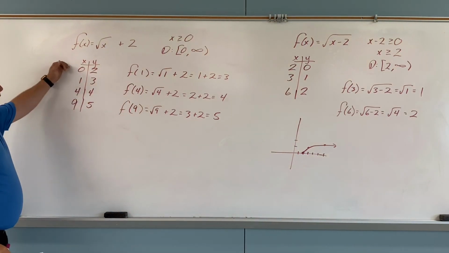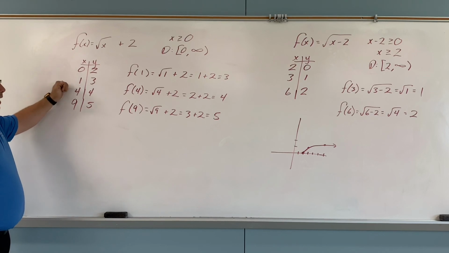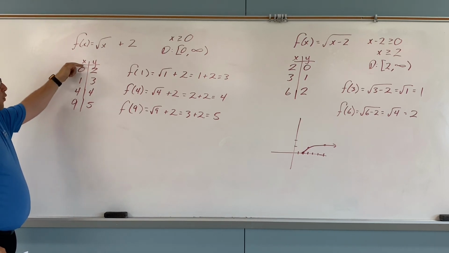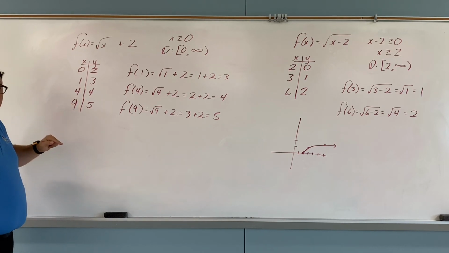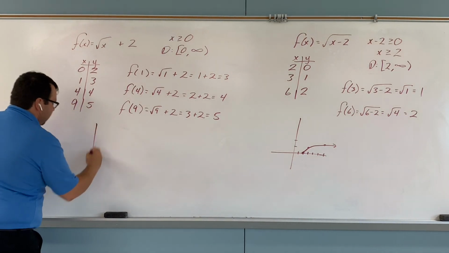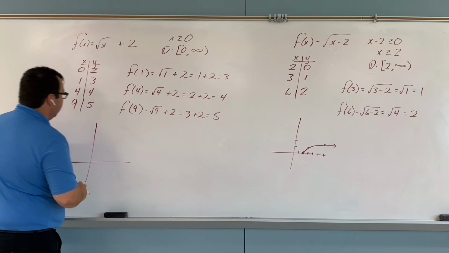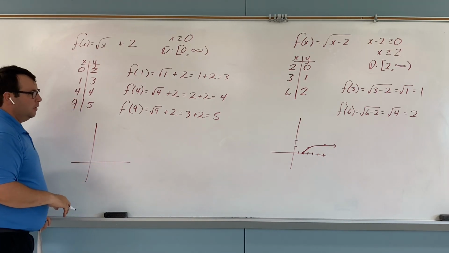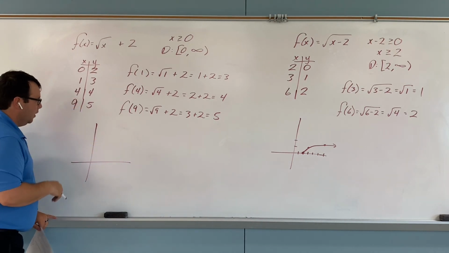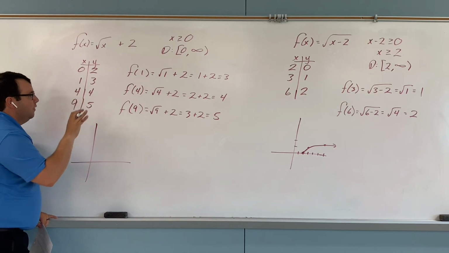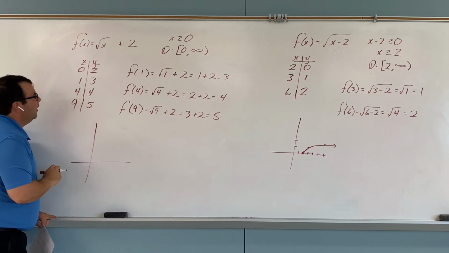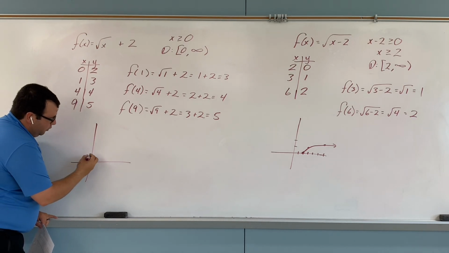Notice how my x values are increasing by a lot, but my y values are very slowly increasing throughout this process. And so what you're seeing, you would need a minimum of 3 points. I've got 4. The last time I had 3. But what you're seeing is that you're getting that curvature as you continue to move down the x-axis. So at 0, 2, I have a point.